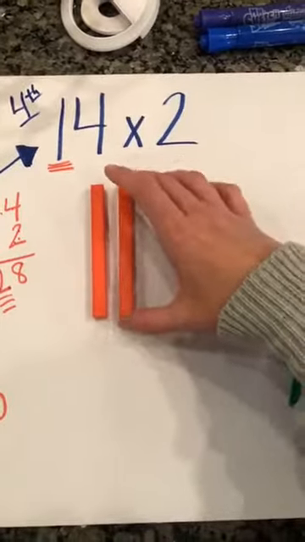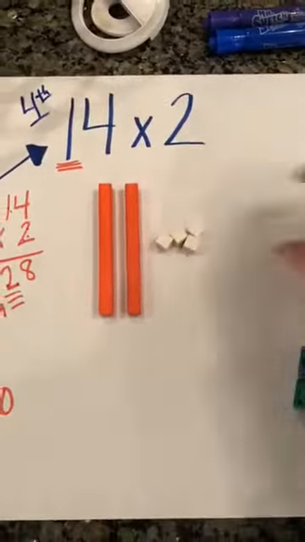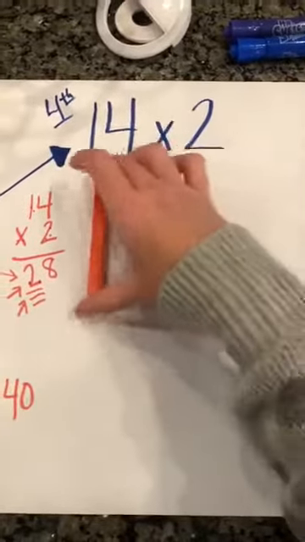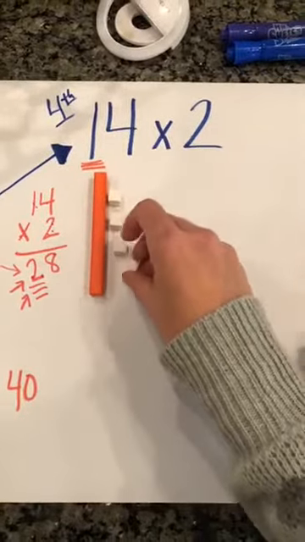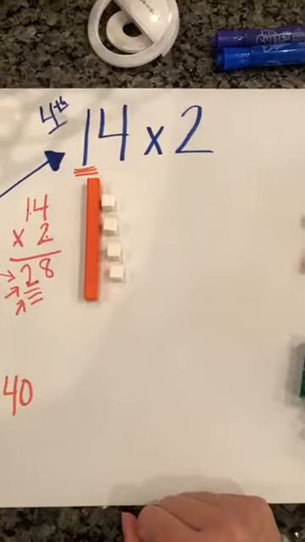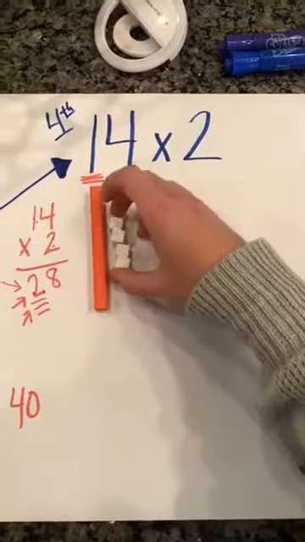So for those of you that know what these are, I'll do a really quick rundown. This 14 is represented by 1 10 and 4 1s, right? So if I have 1 10 and 4 1s, I then have 14.